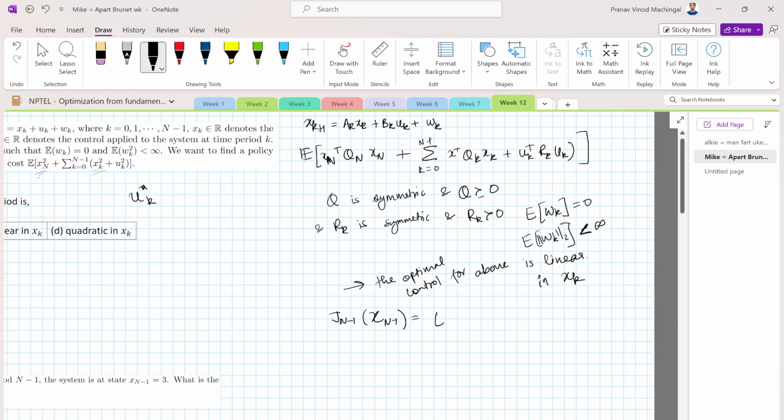It will be some expected value of xN-1 transpose QN-1 xN-1 and uN-1 transpose RN-1 uN-1 and some other terms. The expectation over wk terms, those terms you can make go to 0.